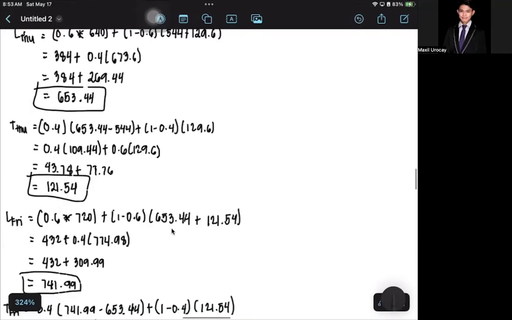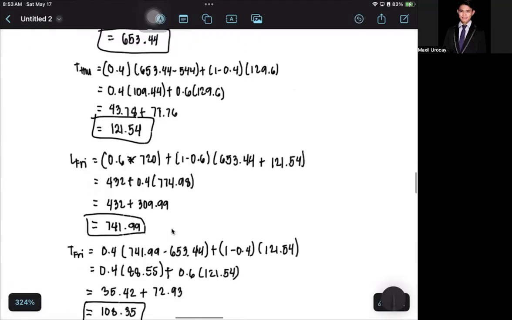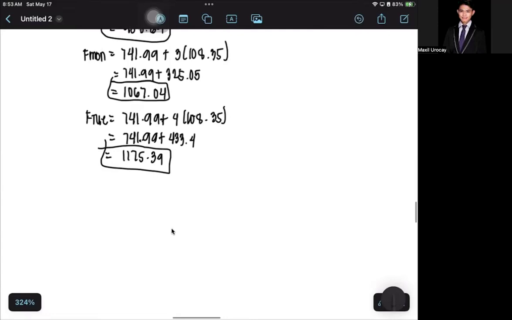Since we'll forecast up until Wednesday, we'll begin to forecast the last day. The last day will become 5 for h.